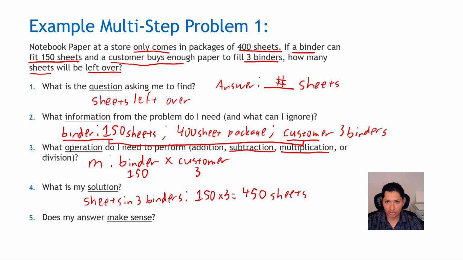Since packages only come in 400 sheets, that means the customer bought more than one. And you go to the next number. How many did he buy? Well, in that case, they had to have bought 2 packages of 400 sheets, right? So 400 sheets times 2 packages is equal to 800 sheets.